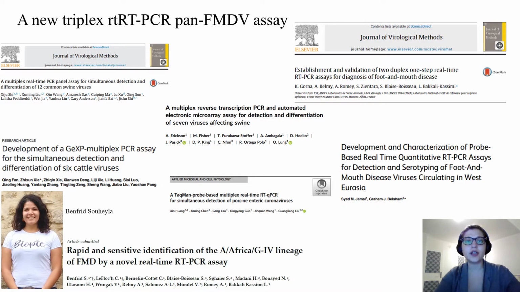To our knowledge, in the literature, multiplex real-time RT-PCR studies with at least 3 targets for FMD are designed for the simultaneous detection of different viruses or specific topotypes or lineages, as Soulaf Benfrid will present to you in the poster session for the detection of FMDV Africa G4.